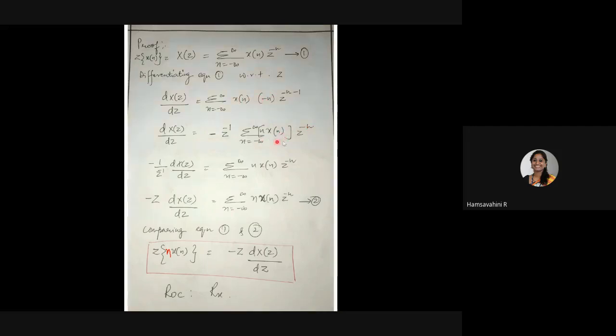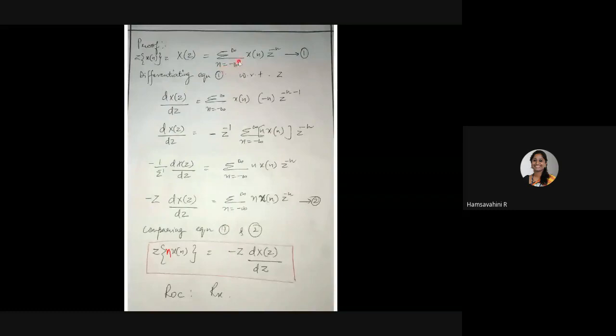Now I am just modifying here. I am taking this minus z power minus 1 to the left hand side. So I get minus z dx of z by dz equal to the summation n equal to minus infinity to plus infinity n x of n z power minus n. Now you just compare equations 1 and 2.